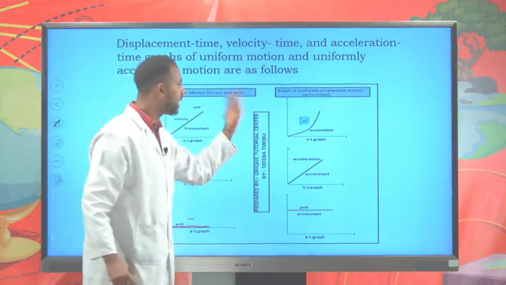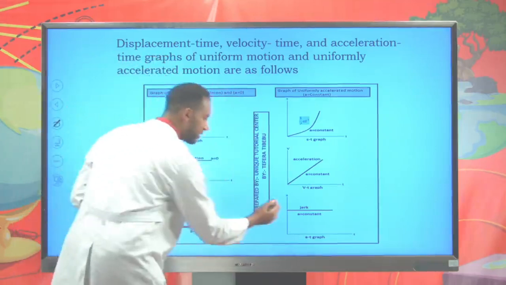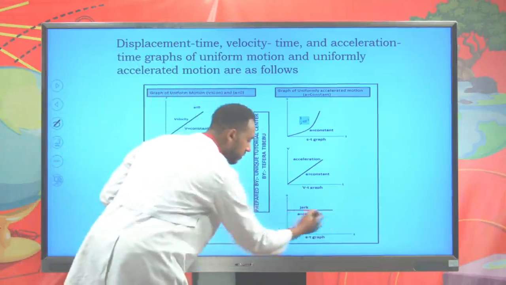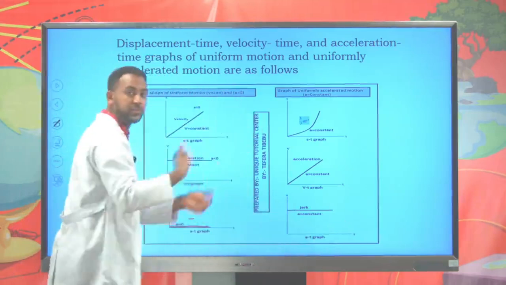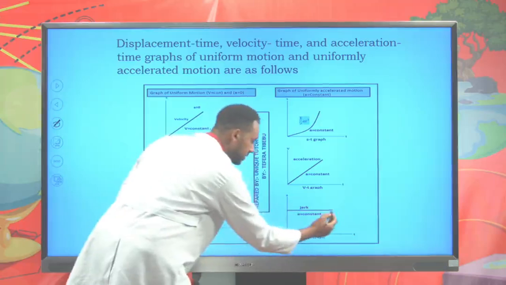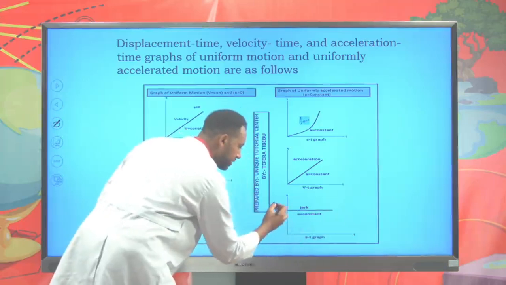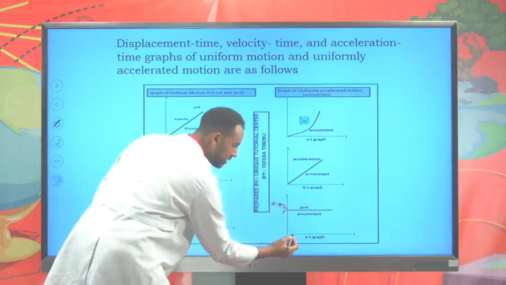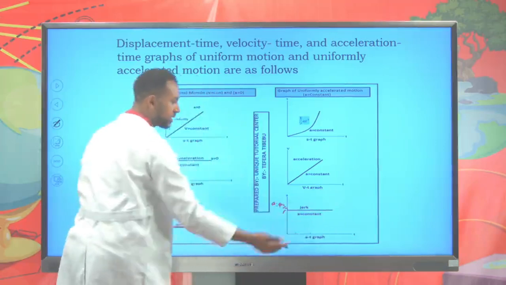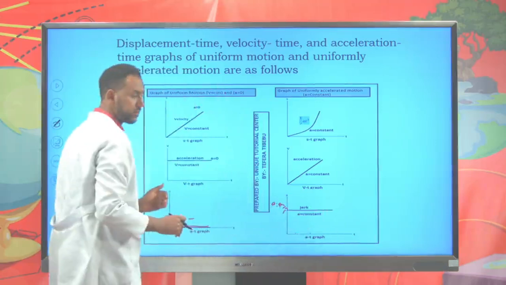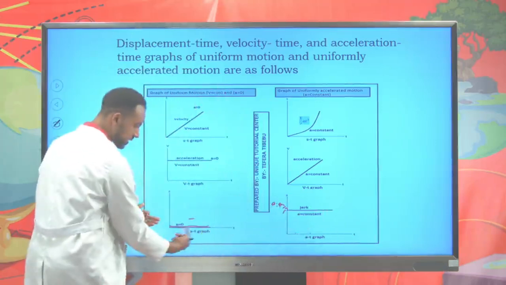But for a uniformly accelerated motion, starting from acceleration, the acceleration remains constant. Despite the change of time t, the acceleration remains constant. Suppose the acceleration is 4 meters per second squared; at time t0, at time t1, at time t2, at some other time, the acceleration remains constant. But here, the acceleration is zero.